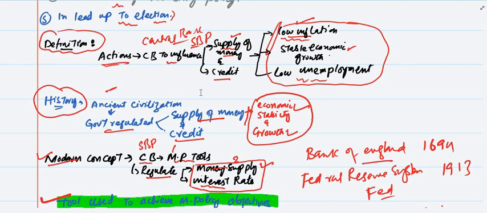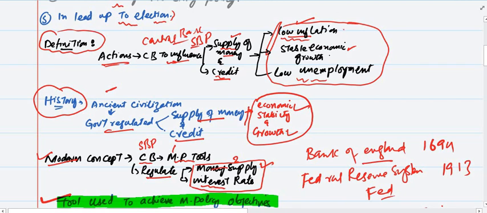If you take the example of Pakistan, the central bank of Pakistan is the State Bank of Pakistan, and the central bank takes actions to influence the supply of money and credit in the economy. And what is the purpose, why are they doing this? To achieve the economic objectives, the economic goals.